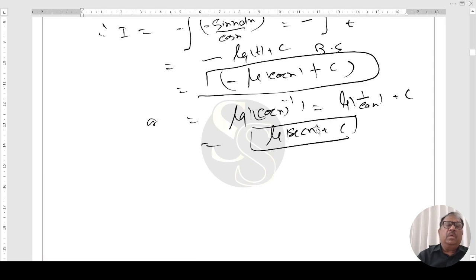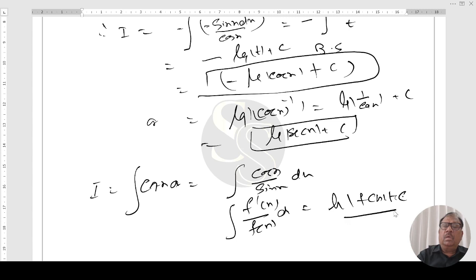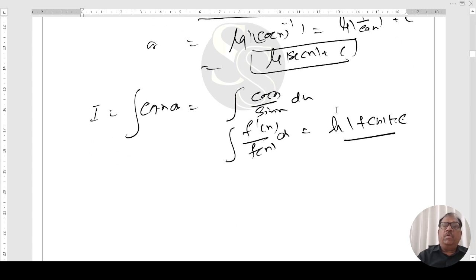Now, integration of cot x, that is cos x upon sin x dx, which is f dash x upon fx dx. The answer is log of fx plus c. If you put sin x equal to t, the differentiation of sin is cos x, so cos x dx will be equal to dt.